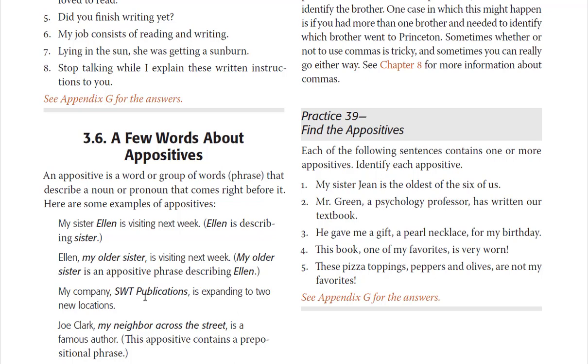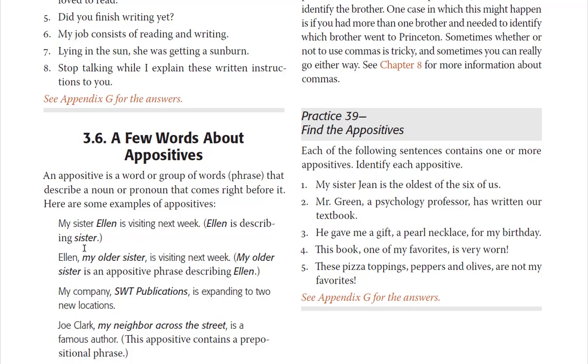"My company, SWT Publications, is expanding to 2 new locations." So SWT Publications is an appositive that describes my company. My neighbor across the street is an appositive that describes Joe Clark.